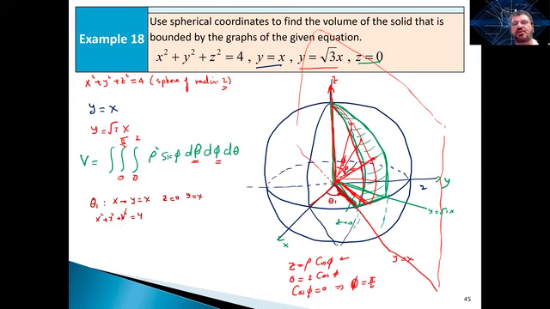Now, z is 0, y is x, so we have 2x squared is equal to 4. So x squared is equal to 2. So x is plus or minus square root of 2. I don't want the negative, I need the positive only because x is distance. So I'm going to take x to be square root of 2.